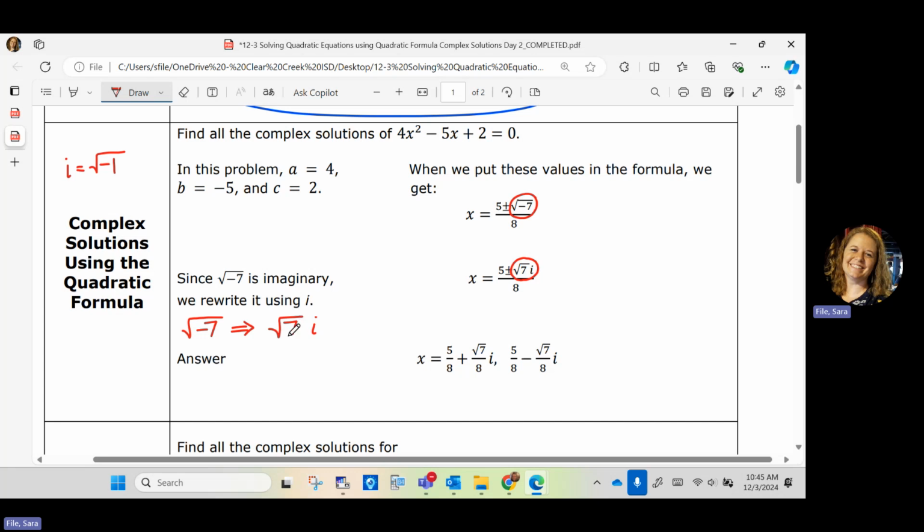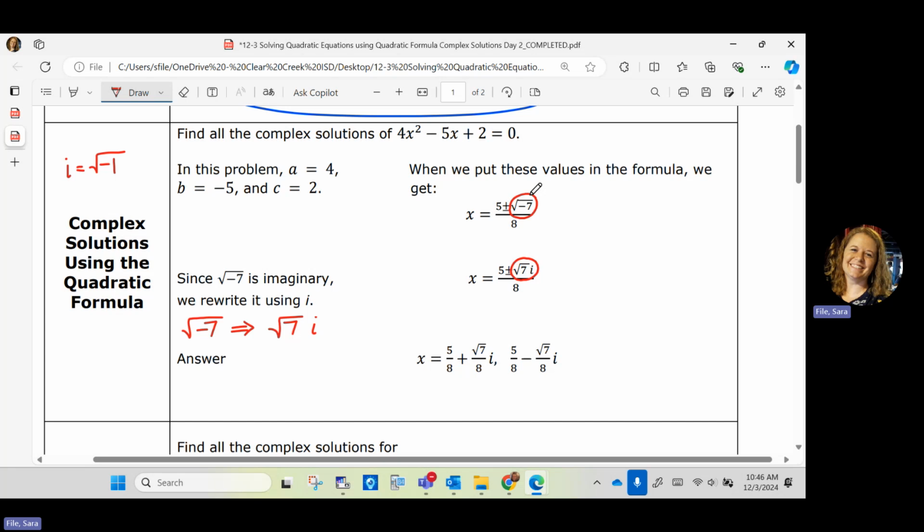So when you're typing your answers in, you type the square root of your number, make sure you arrow out from under the radical, and then type your i. The i is not under the radical. The negative was under the radical, but we took it out and it became i. Does everybody understand that?